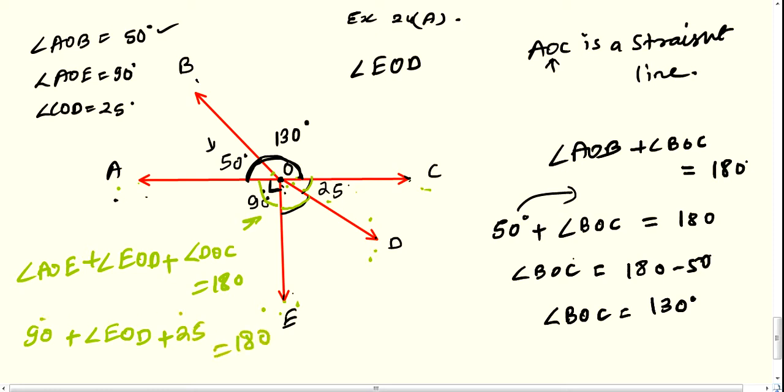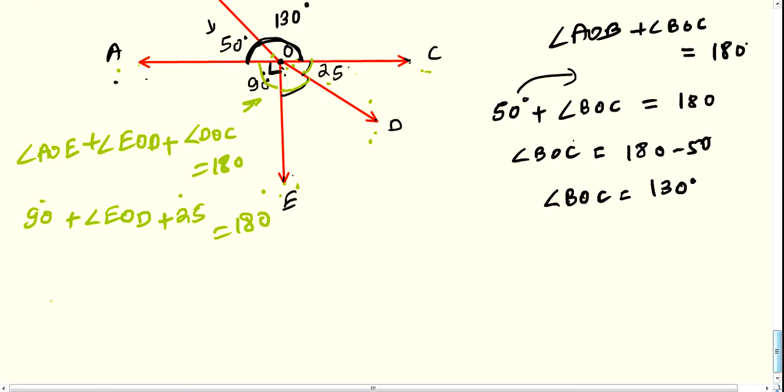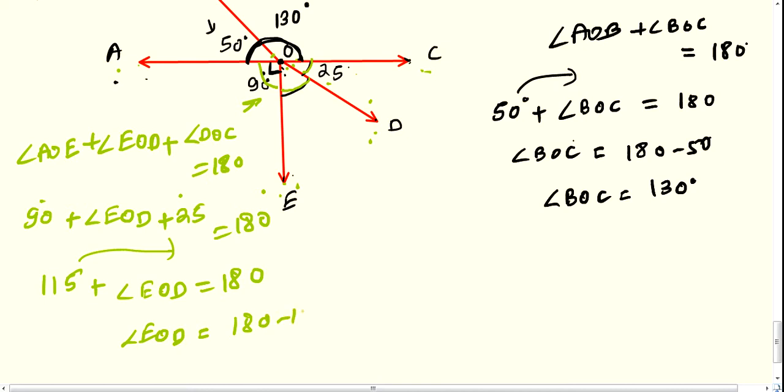So 90 plus 25 is 115. So 115 plus angle EOD equals 180. Transpose this 115 to the right hand side. So angle EOD equals 180 minus 115. So angle EOD finally is 65 degree.